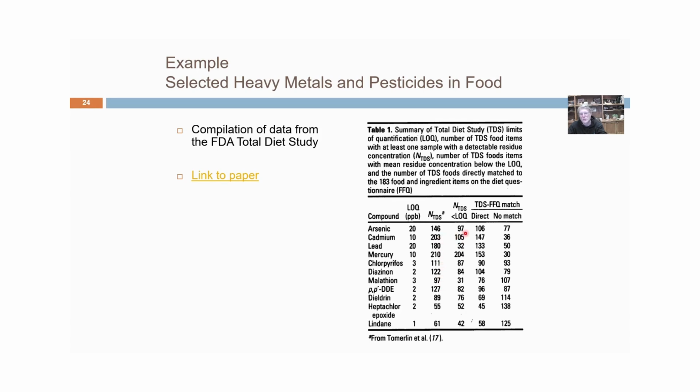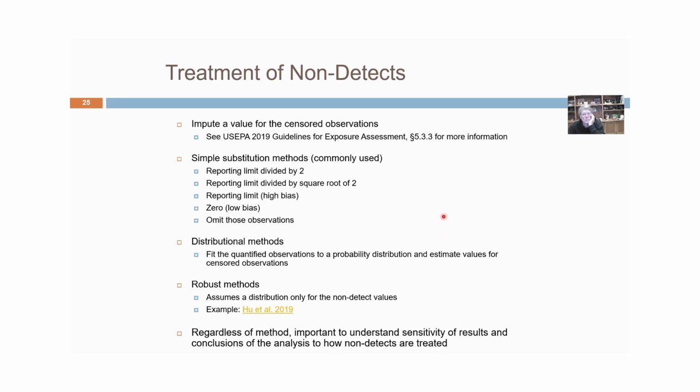So you can see this is one way this LOD is used. It's to describe the relative frequency or the absolute frequency of detection. So what to do with these non-detects when analyzing data or summarizing data? Well, the general approach is to impute a value for the censored or non-detect observations.